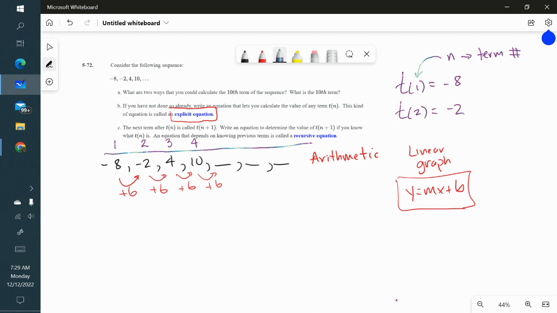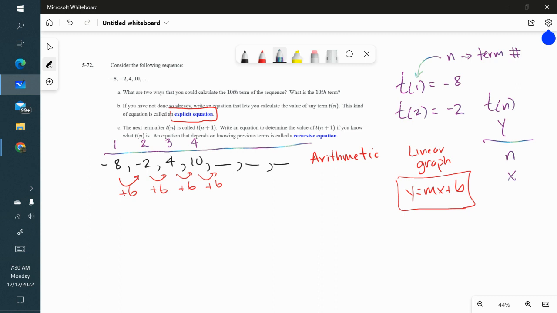The context is sequence. N is like the x in the rule. T of n is saying the actual term; term 1, the actual term is -8. So you've got to think of t of n as the same thing as the y, and the n as the same thing as the x. It's just different notation, and n and t of n are notation that are specific to the context of sequences.